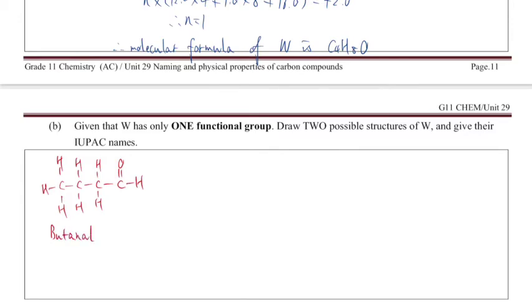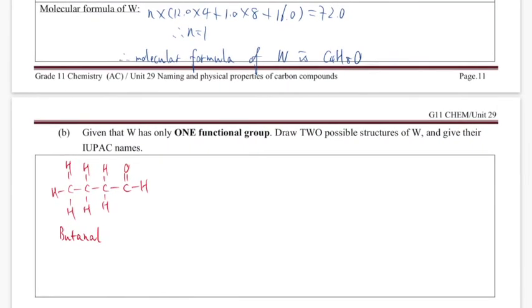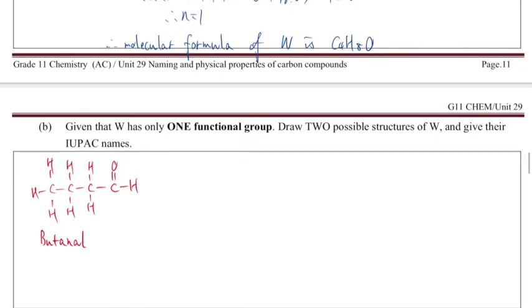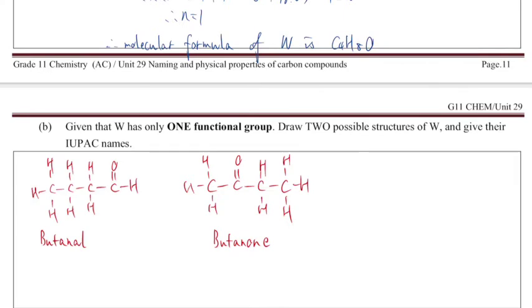Okay, and then we can move the C double bond O group, the carbonyl group, so in the middle, maybe we put it here, and then we fill in the rest. Okay, so that will give us butanone.